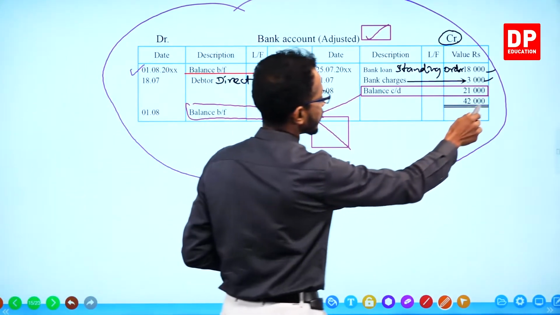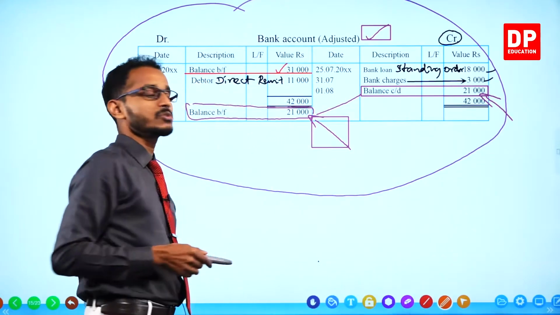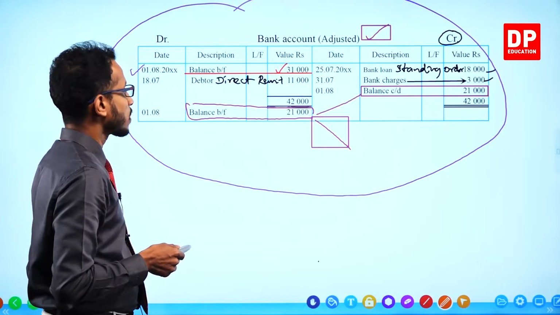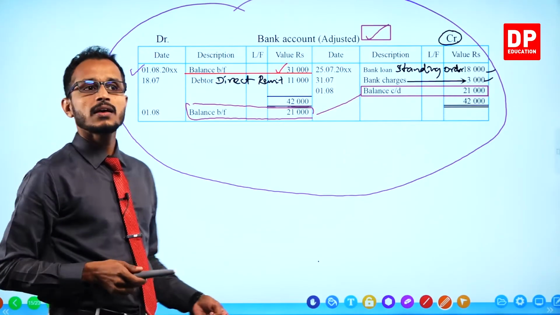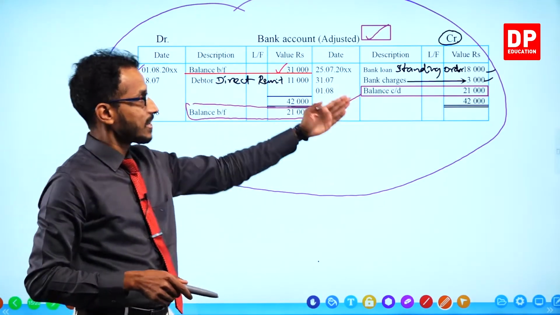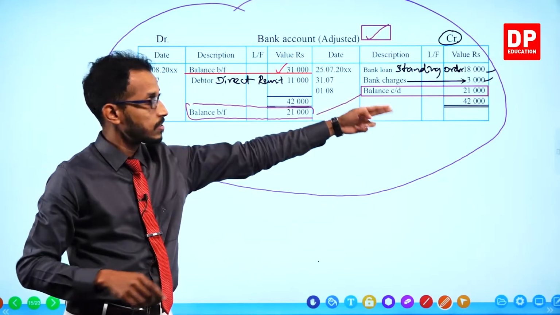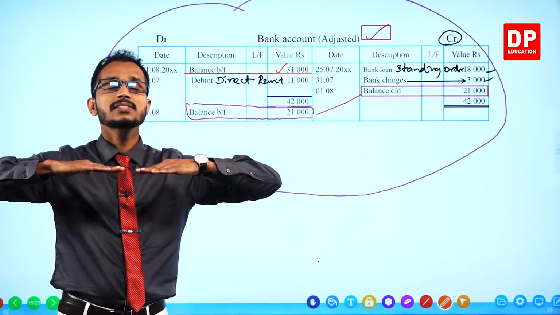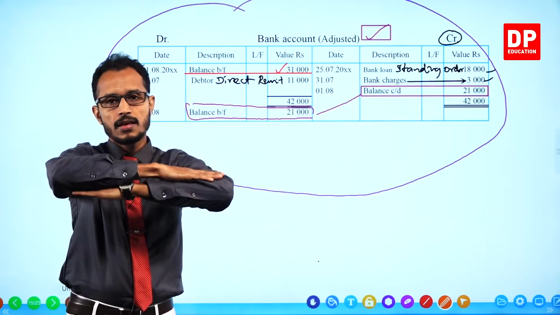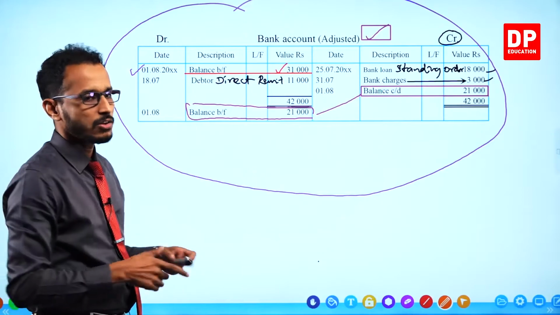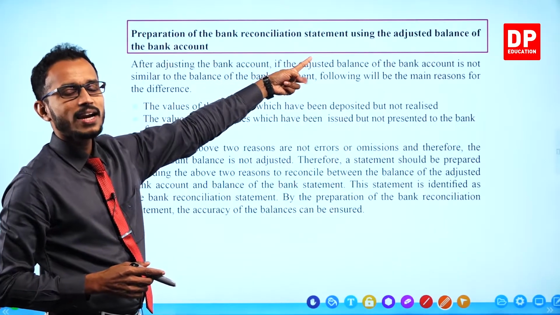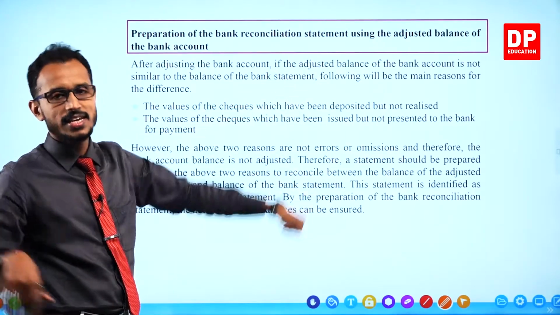21,000. Okay. We'll use this and reconcile it with the bank statement balance, as the next part of the question, by preparing the bank reconciliation statement.